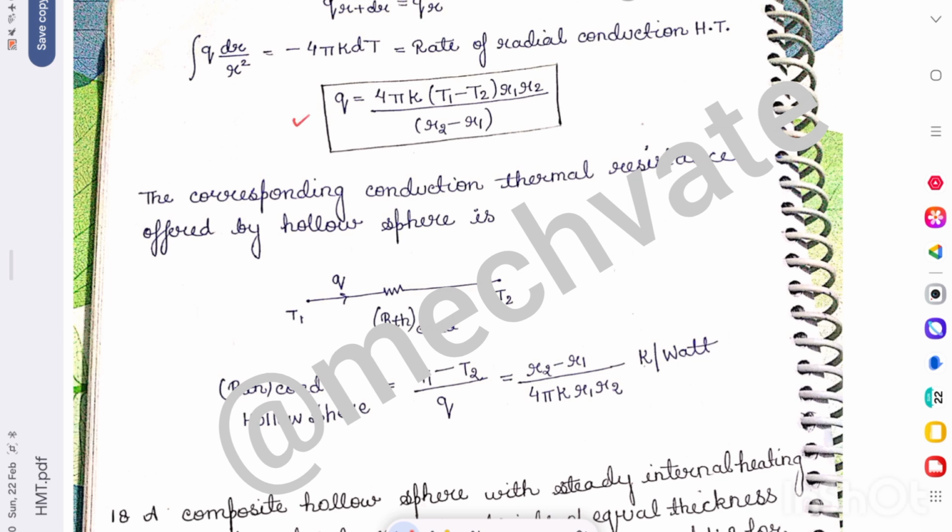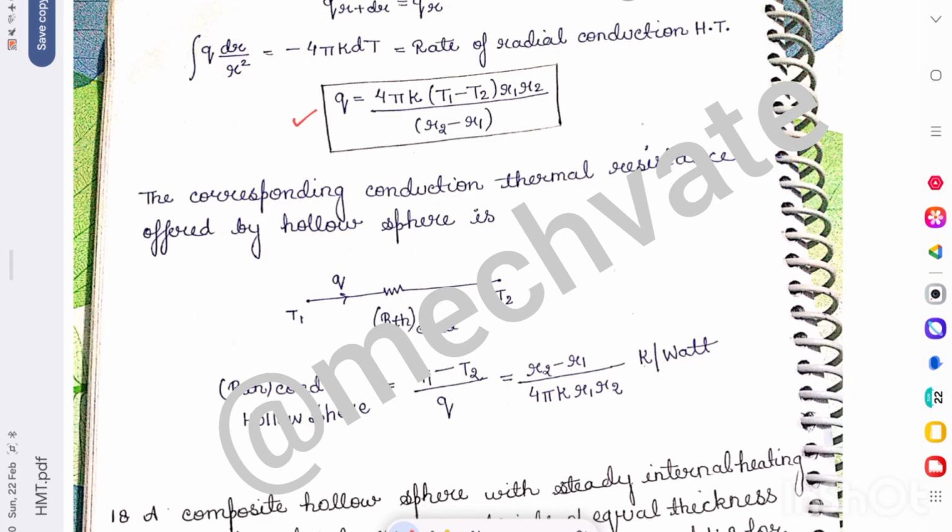When we integrate and substitute the boundary conditions, the final equation comes out to be Q is equal to 4 pi K (T1 minus T2) divided by (R2 minus R1), multiplied by R1 R2.